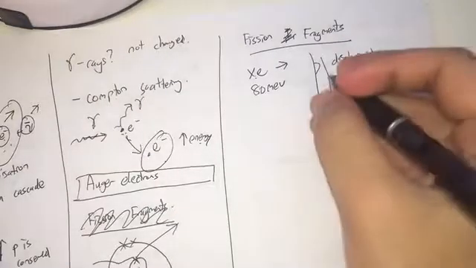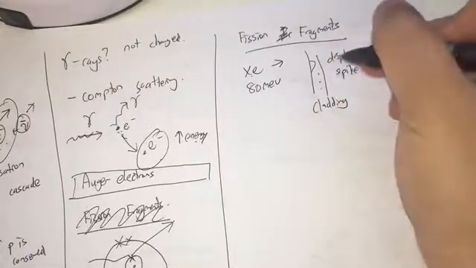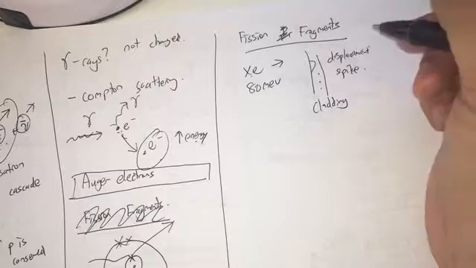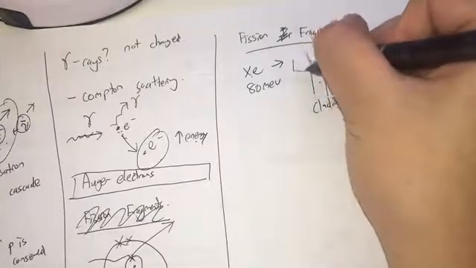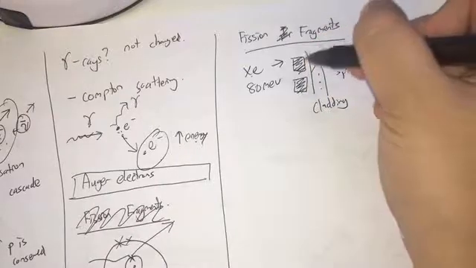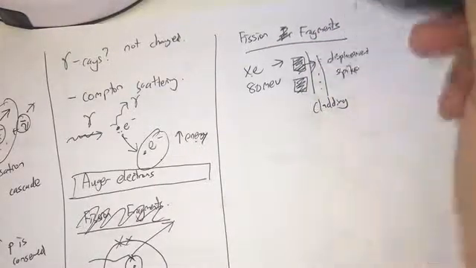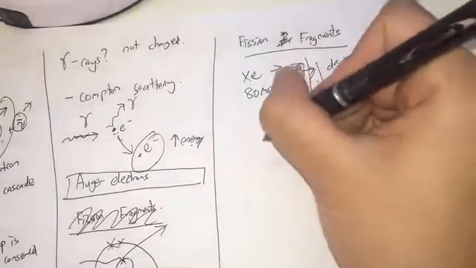And then some of these fission fragments are lodged into the cladding itself. Okay, so the cladding is just outside the fuel. The fuel is here, so the xenon atoms can come from here right out of the fuel, and these are known as swift ions.